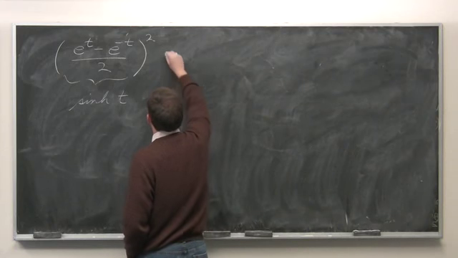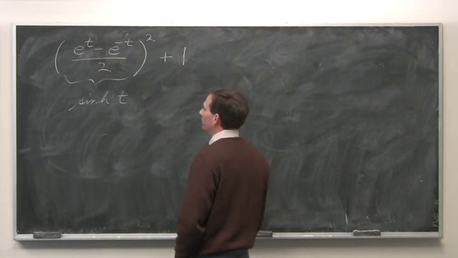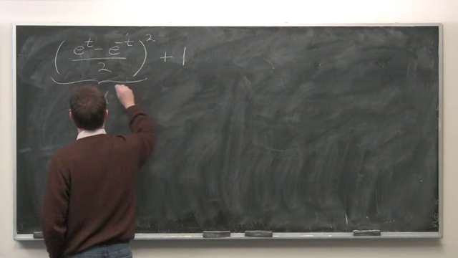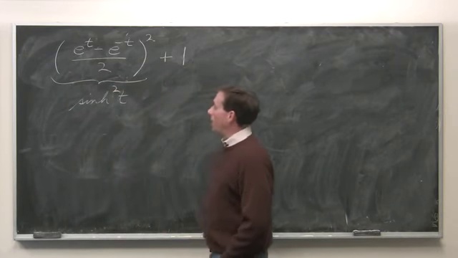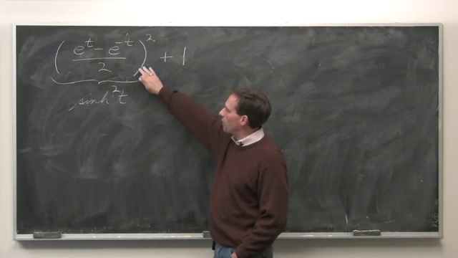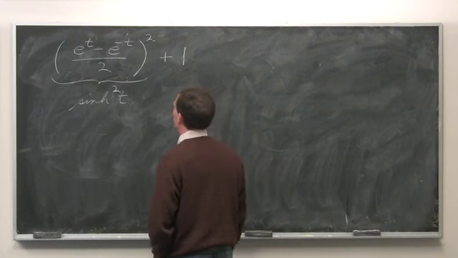Well, let me go ahead and tell you what happens. If you square that and add 1, you will get hyperbolic cosine squared. Here's hyperbolic sine squared plus 1 equals hyperbolic cosine squared.